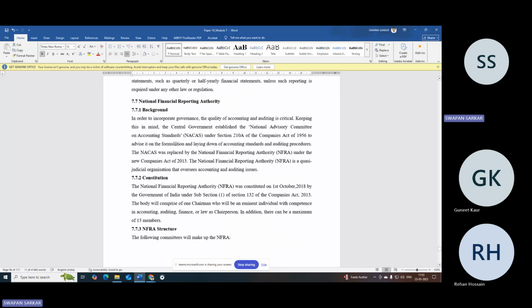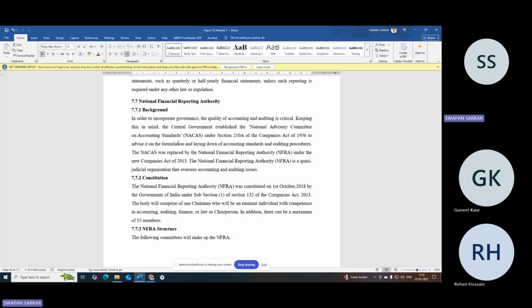National Financial Reporting Authority is going to be our next topic. Now, if we have a discussion on the background, then we find that in order to incorporate governance, the quality of accounting and auditing is critical.